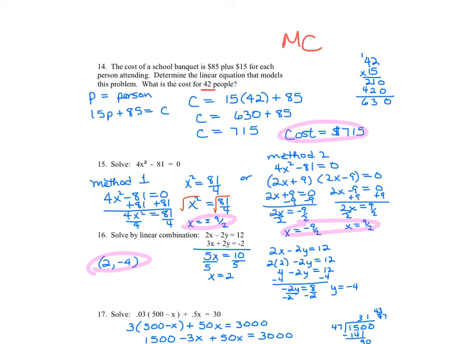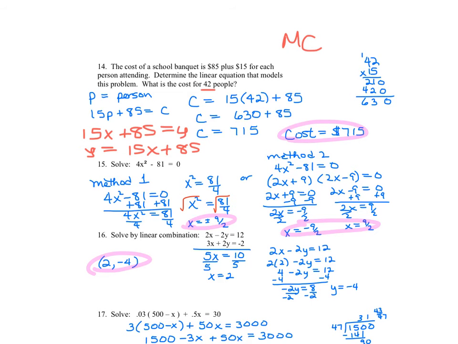So we could also write this as 15x plus 85 equals y. You can even flip it around and write the y first. When they don't specify in the problem what variable to use, you can choose whatever letter. So I used C for cost, P for person. However, because it's ending up as being a system of equations, you can solve it with x and y.